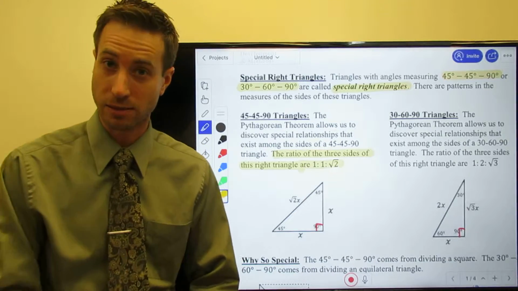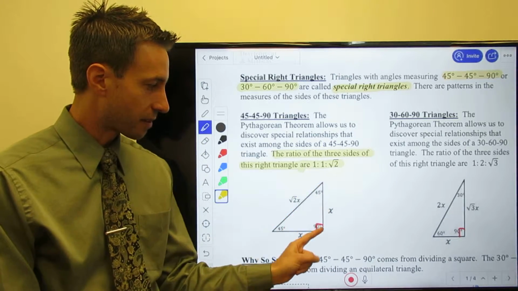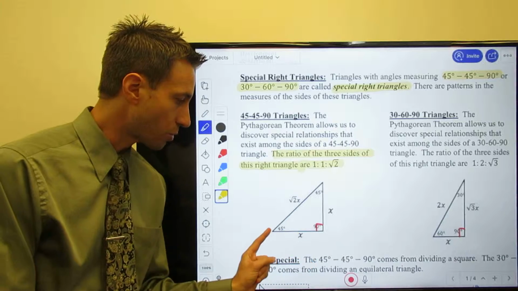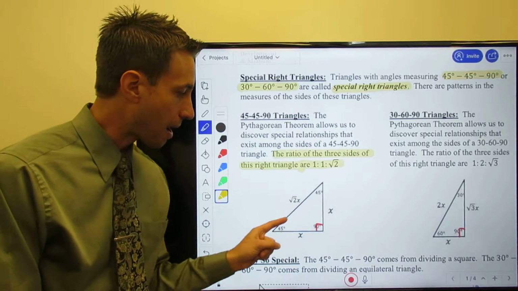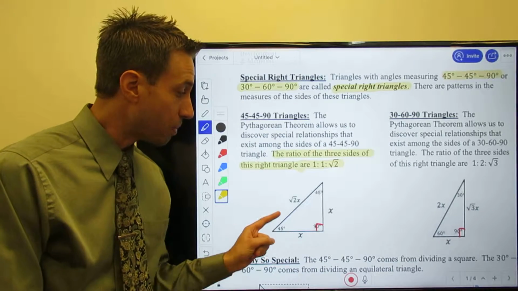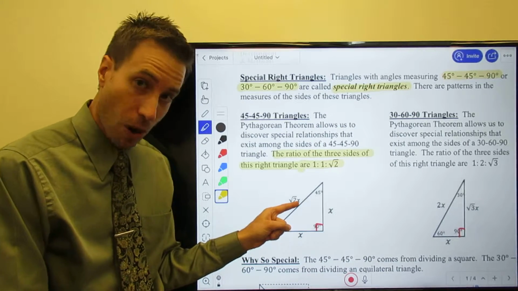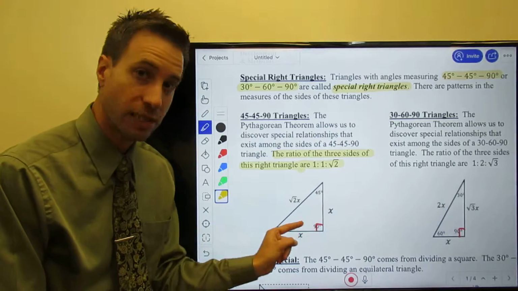Here's all that means: whatever the length of this side is, that's also the length of this side, and then the hypotenuse will be the square root of 2 multiplied by whatever the length of these two sides are.